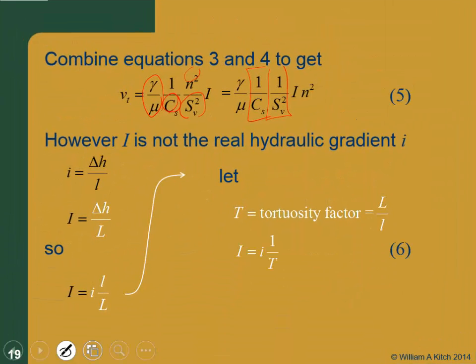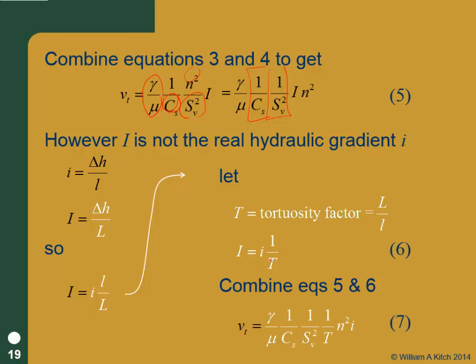So now big I is little i times 1 over t, and I'm going to put that all together, and now I have this equation for my true velocity. So my true velocity is just my water properties times three factors that describe the soil.